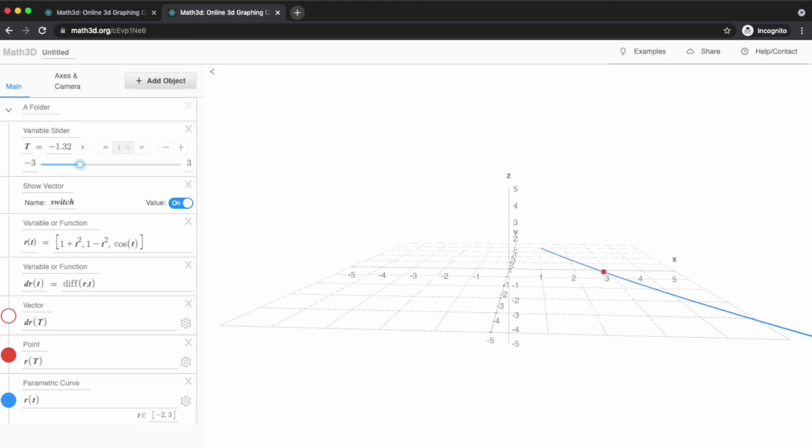When t is negative, getting closer and closer to 0, we can see the point getting traced out there. And then as t gets bigger and bigger away from 0, you can see it's flying in the other direction. So it's coming in, and then it turns around at 0 and goes out.